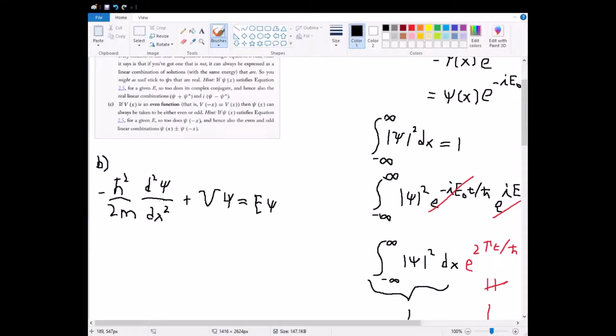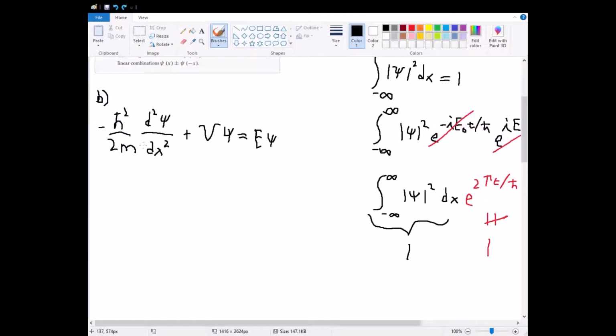And we see here that this is true because this function has no imaginary terms in it. So if I took the complex conjugate of this entire thing, I would get negative h bar squared divided by 2m times the second derivative, this time of psi star, with respect to x squared, plus our time-independent potential multiplied by our conjugate psi star is equal to our separation constant, or energy, E, multiplied by psi star.